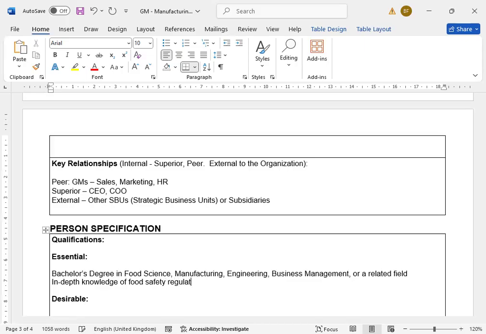It will always be an advantage if the candidate has these qualifications, for example FDA, HACCP, GMP.